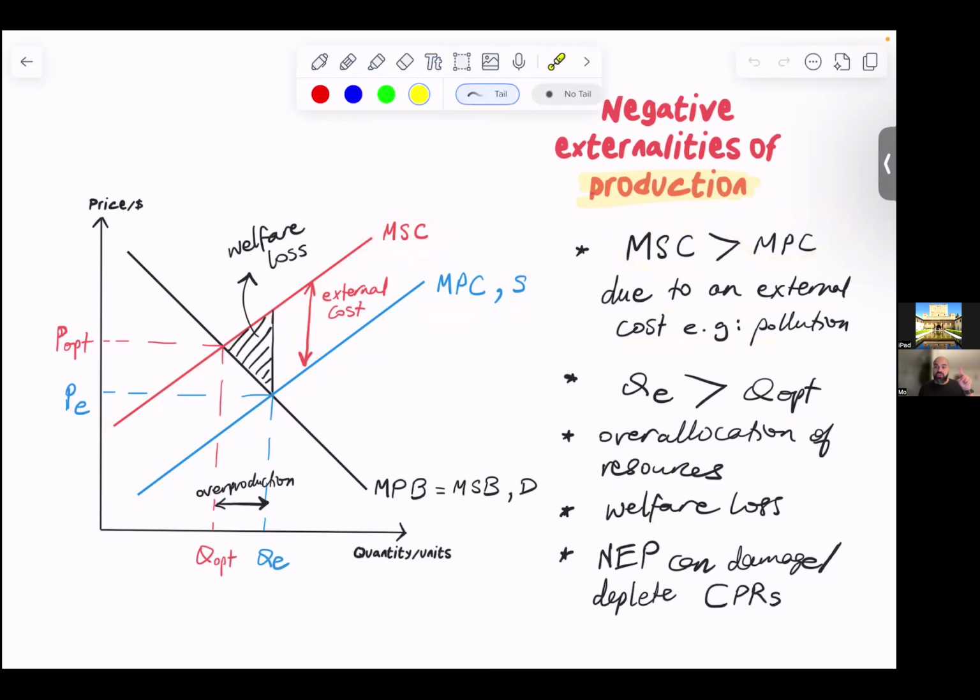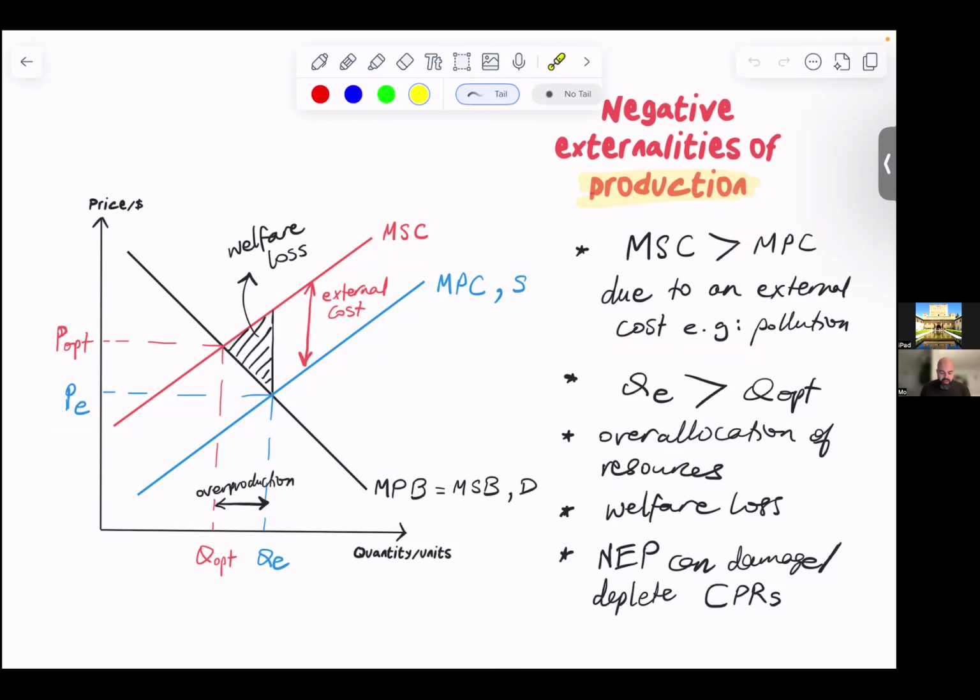The cost to society of producing this good or service is higher than the cost to the producer. The marginal social cost is higher than the marginal private cost. Private cost is the cost to the producer of this good or service. So the marginal social cost is greater than the marginal private cost because there's an external cost that society has to bear.